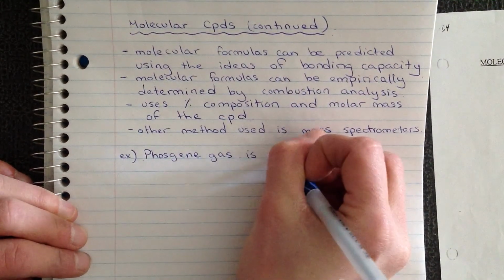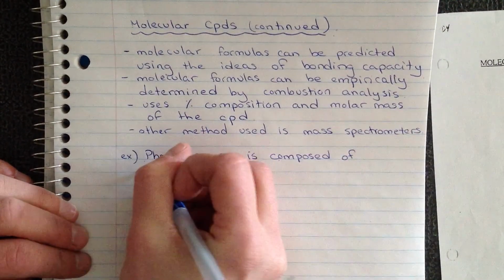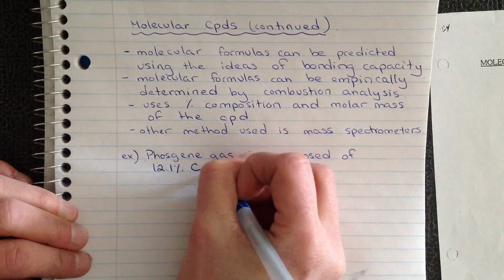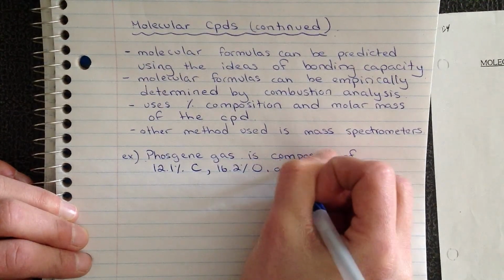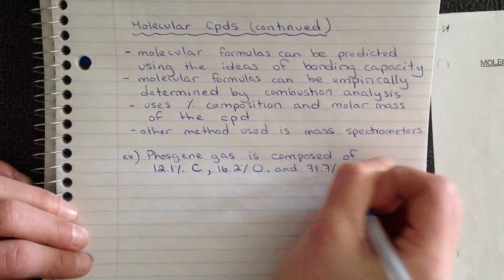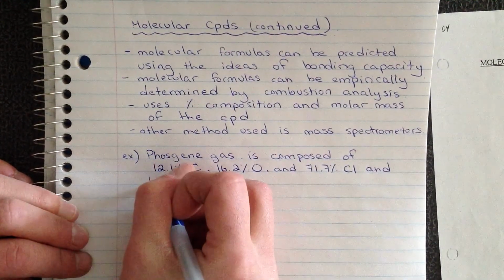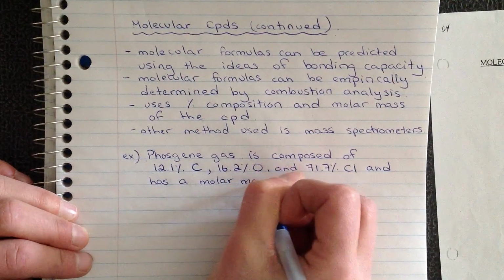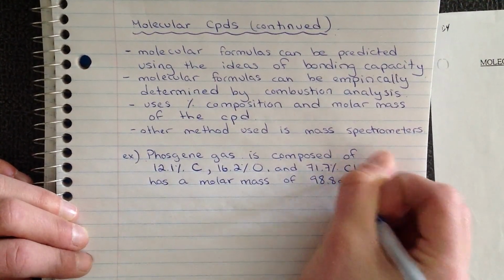Is composed of 12.1% carbon, 16.2% oxygen, and 71.7% chlorine, and has a molar mass of 98.8 grams per mole.